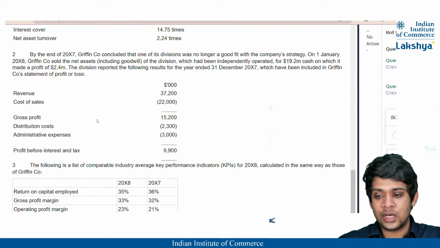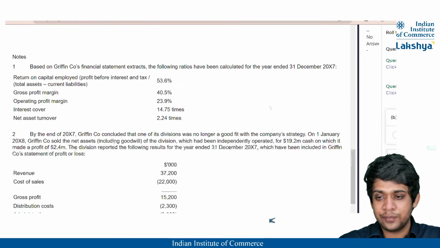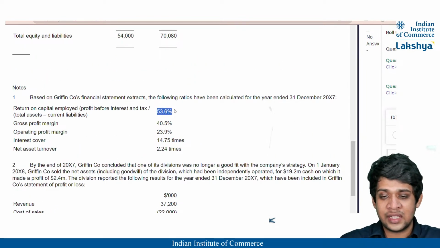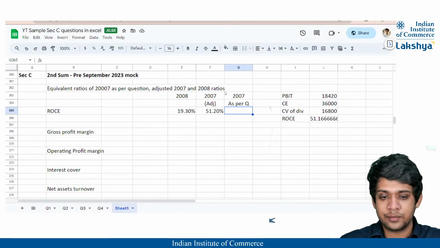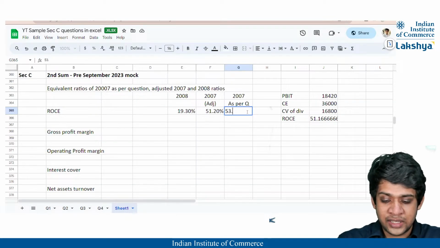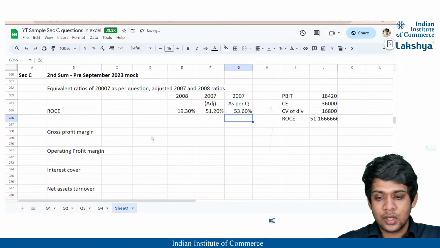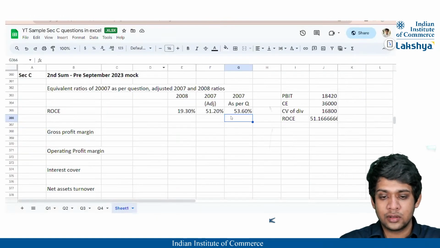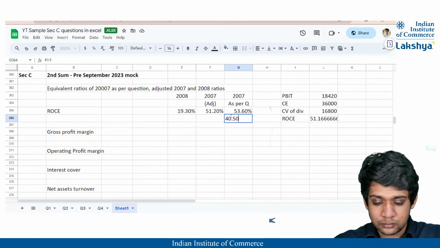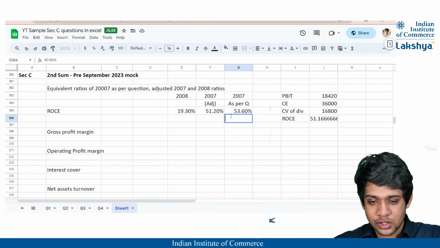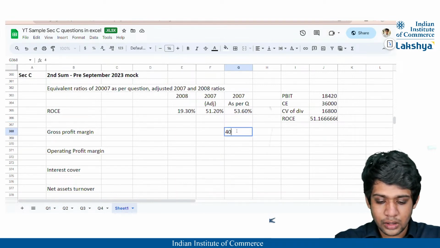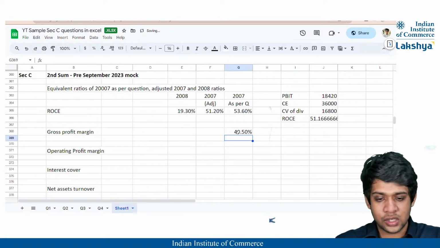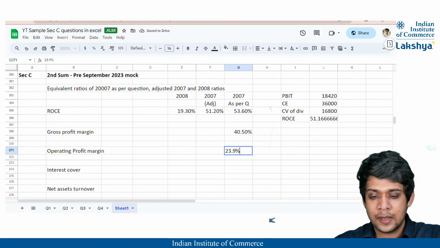Okay, as per the question, what is the return on capital employed mentioned? You can see here it is 53.6%, right? So I'll mention here 53.6%. For others also, it is 40.5% for gross profit, and for operating profit it is 23.9%.